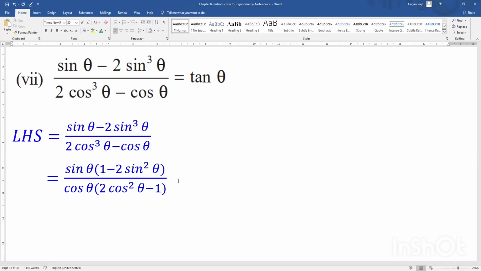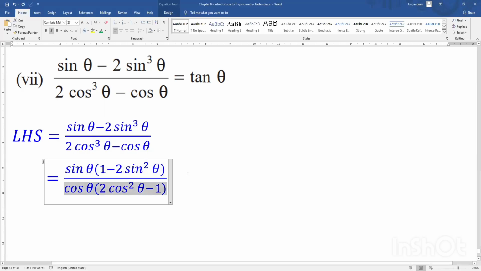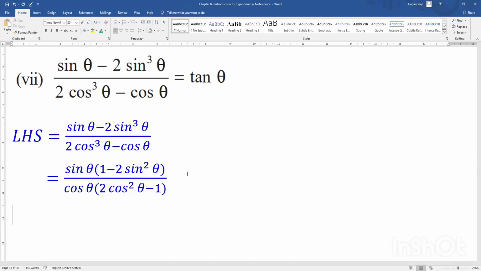Next, I'm going to write sin square theta as 1 minus cos square theta, and this denominator will be retained as it is. Let me show you what I'm doing.